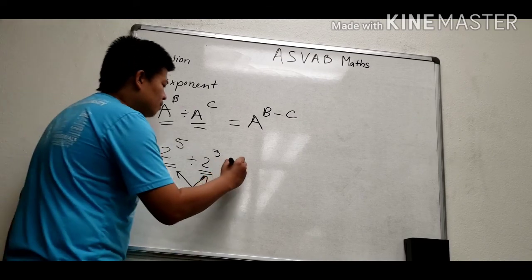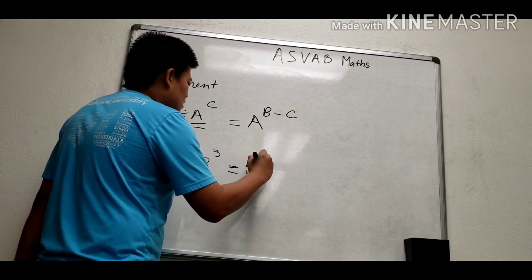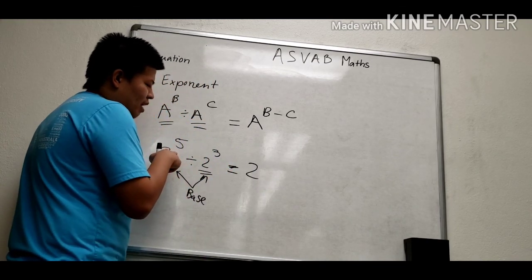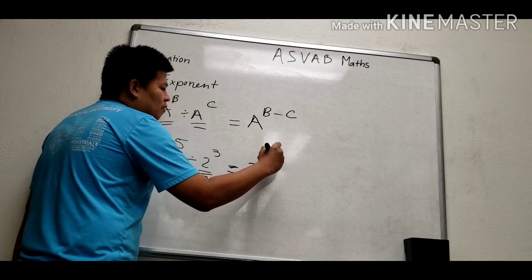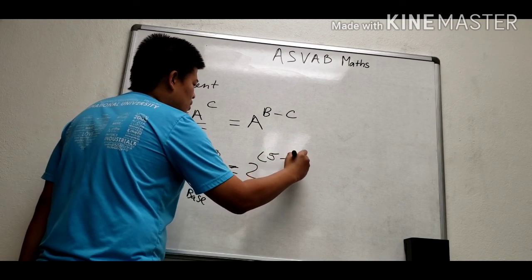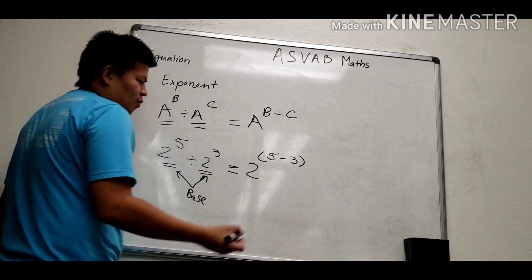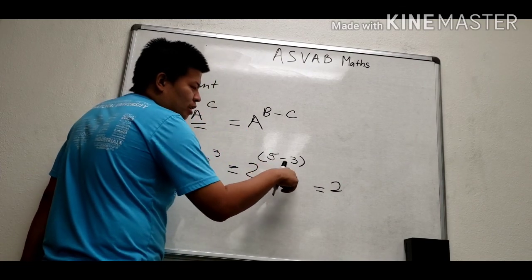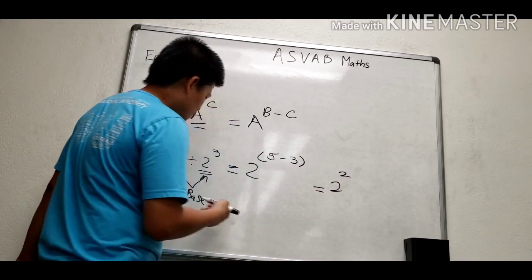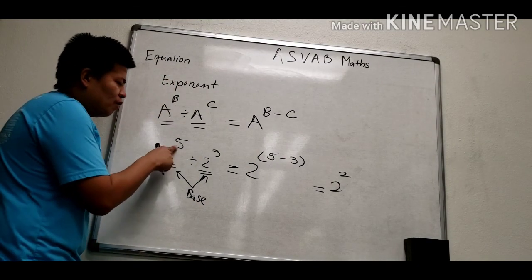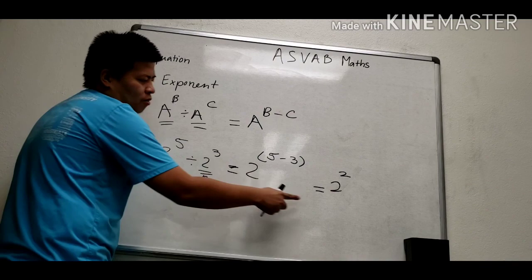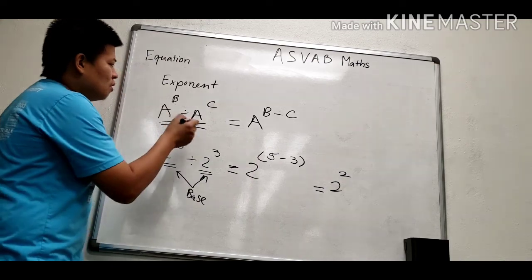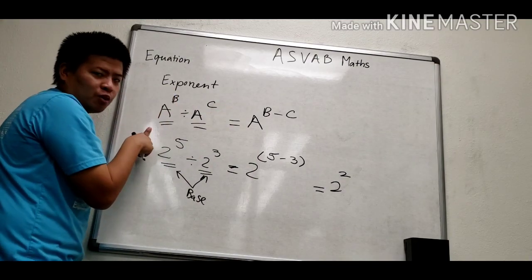We have number 2 in here, we open the bracket, 5 minus 3, and 5 minus 3 is 2. So the answer to 2 power 5 divided by 2 power 3 is 2 power 2. So that is the formula for the exponent.